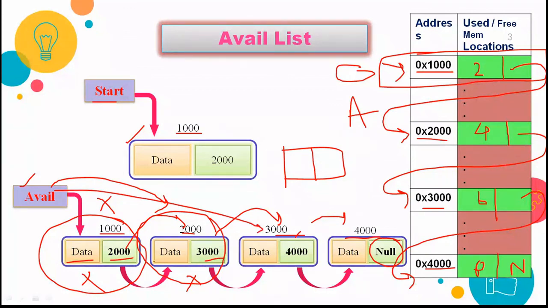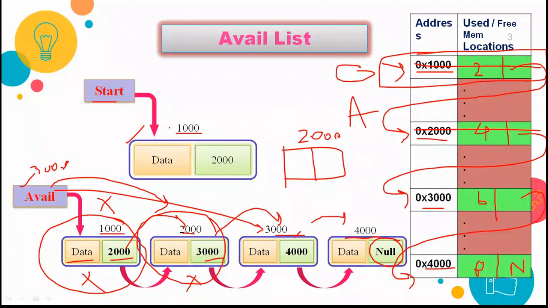Because we have borrowed the second node, which has address 2000, the address now stored in avail is 3000, that is the third node. The first and second locations are occupied by your programs.